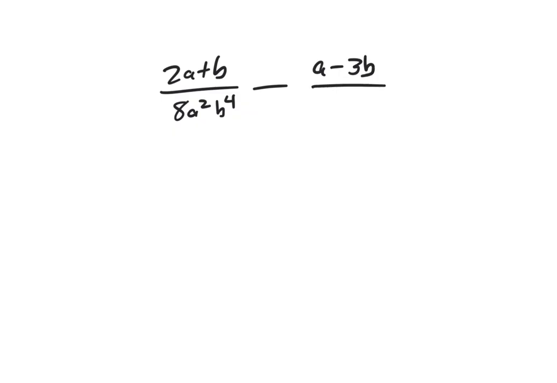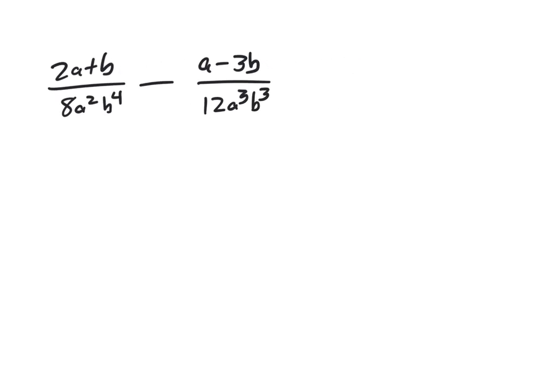All right, this next one, I'm going to give you a couple of different variables. Here we have an A and a B. Once again, there is no plus or minus signs.